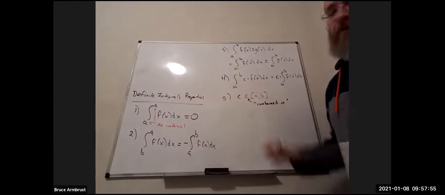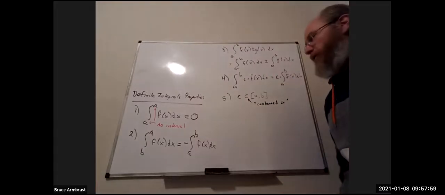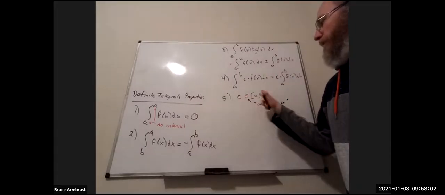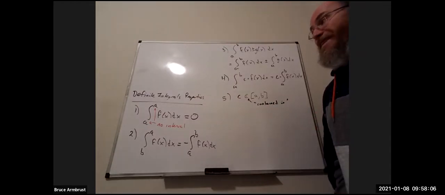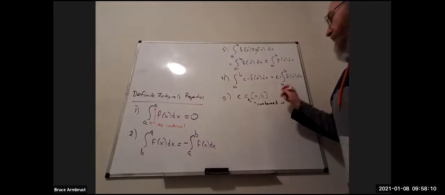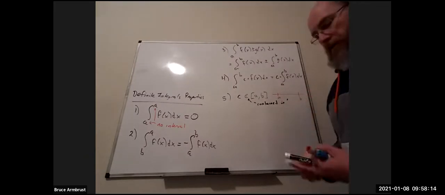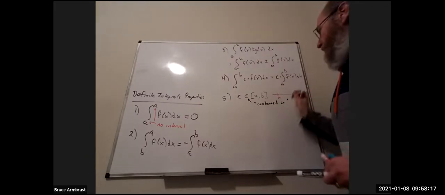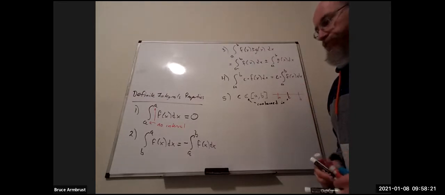It's like a little curvy E or a C with a dash through it. But this says C is contained in AB, meaning it's some point that's somewhere in that interval. So basically, if we were to draw this, here's A, here's B. C is just some number that's somewhere inside. Okay, so that's all that means.